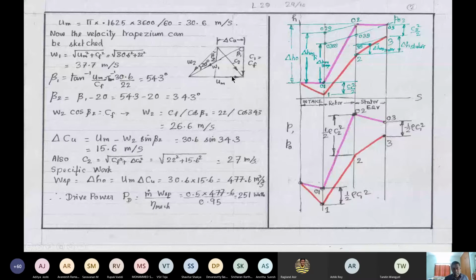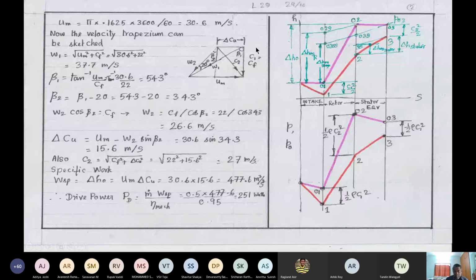So here you have the common base Um, the height is CF, so we know these two, and we know that C1 is equal to CF in the axial direction, that is CU1 is 0.